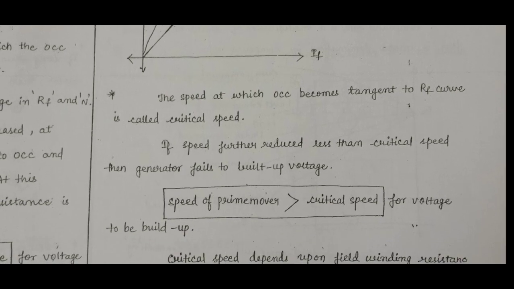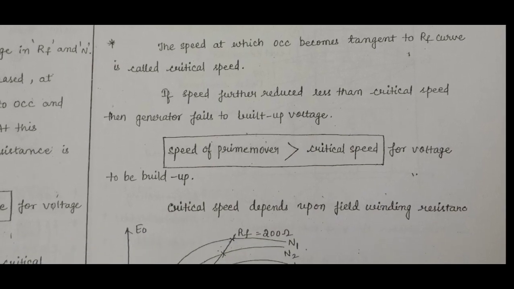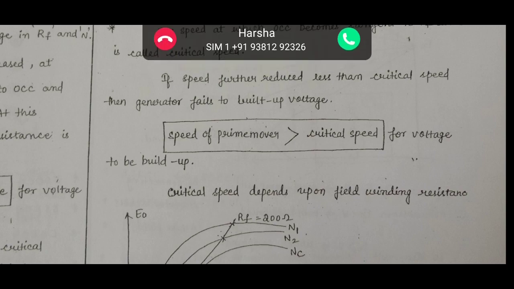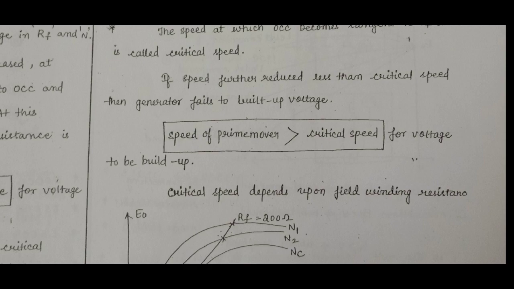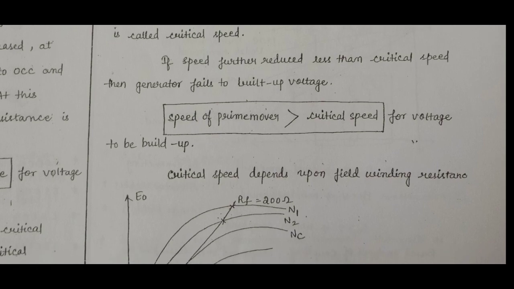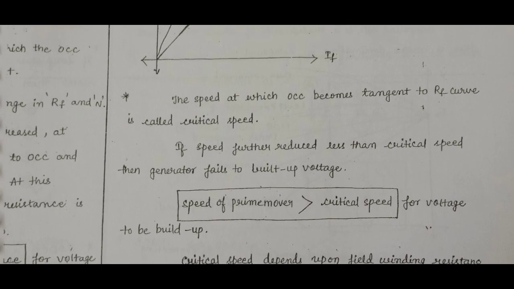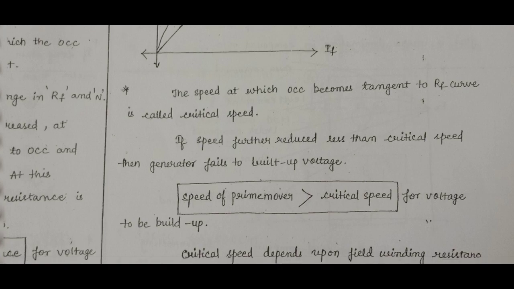The speed at which the OCC becomes tangent to the RF curve is called critical speed.